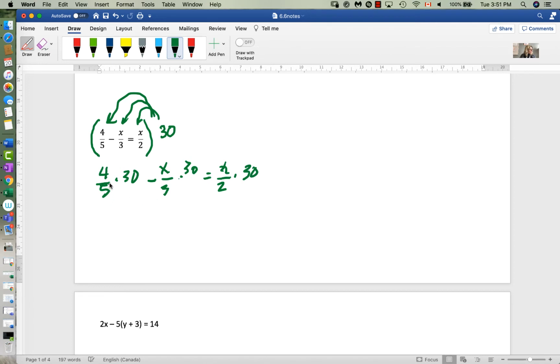So in this case, this is 6 and 1, so this is 24. Minus, and this would be 3 and 30, this is 10, minus 10x equals, this is 15, equals 15x.